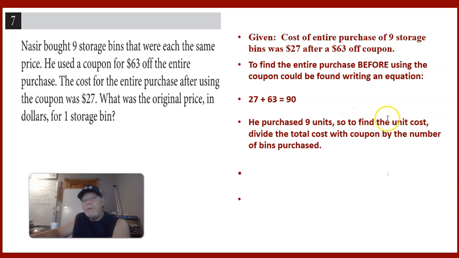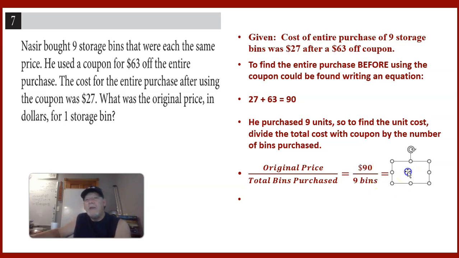So since he purchased 9 units, to find the unit cost, which is what we're trying to find, divide the total cost by the number of bins that you purchased. So the original price over the total bins purchased would be $90 over 9 bins, and that ends up being $10 for one bin.